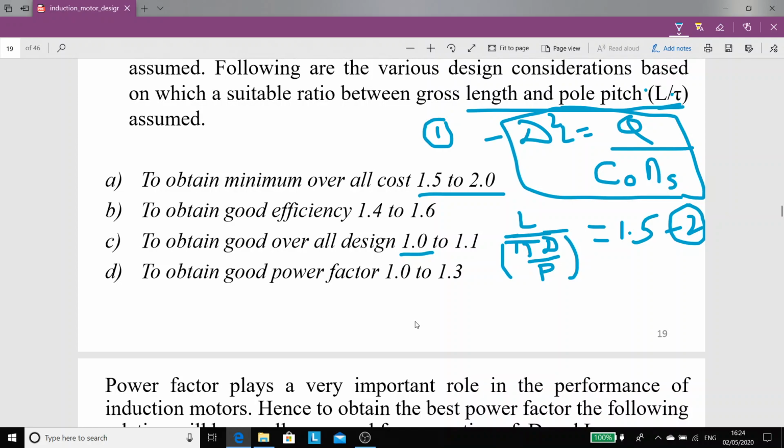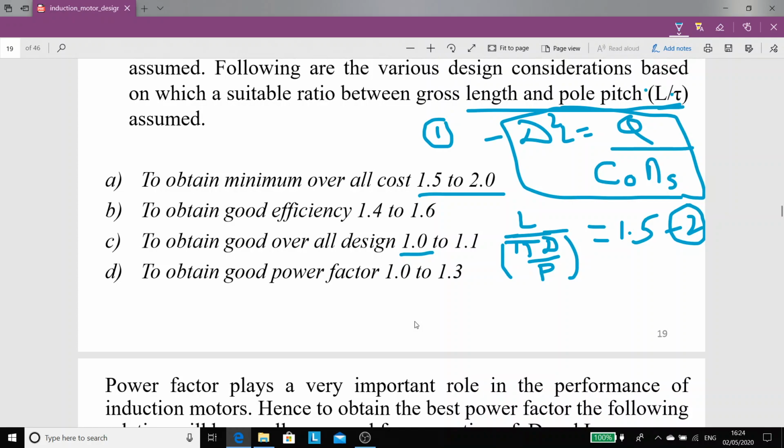Suppose I select that ratio of L by pole pitch equal to 1, then the diameter which we calculate is comparatively very small, and when we increase the ratio of length to the pole pitch to the higher side, the diameter decreases and the length increases.